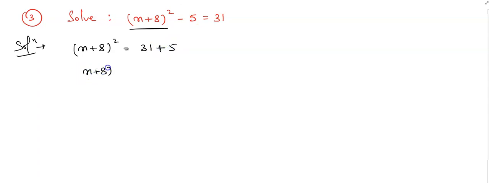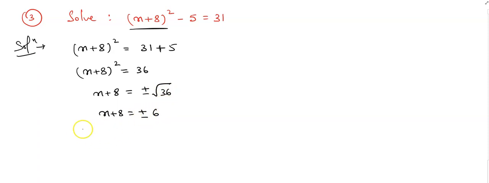Then (m plus 8) whole square is equals to 31 plus 5 is 36. Now the whole square comes to the RHS side, it becomes plus or minus square root of 36. Then m plus 8 is equals to plus or minus root of 36 is 6, because 6 6s are 36.